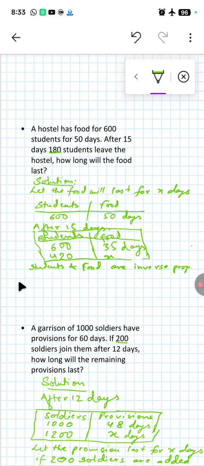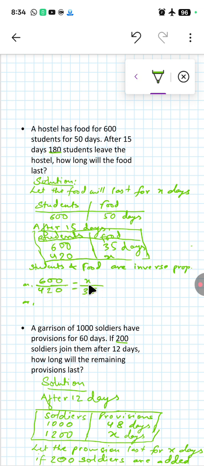So that is why one side we need to change. First side, student side, I am keeping the same. 600 by 420 is equal to, this side I'll change, x over 35. As it is indirect or inverse proportion, one side of this ratio will change.